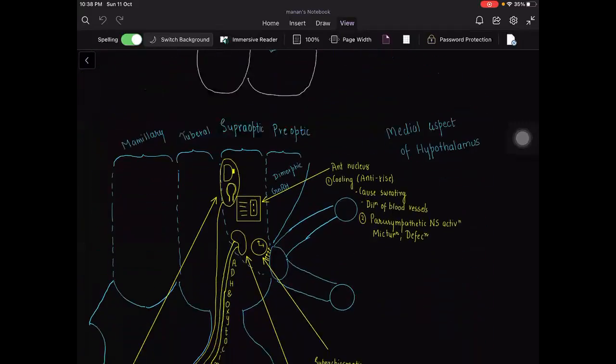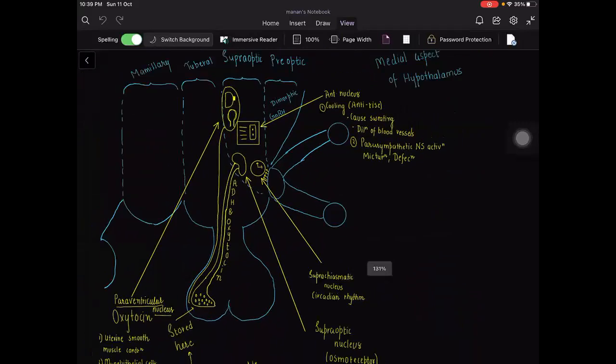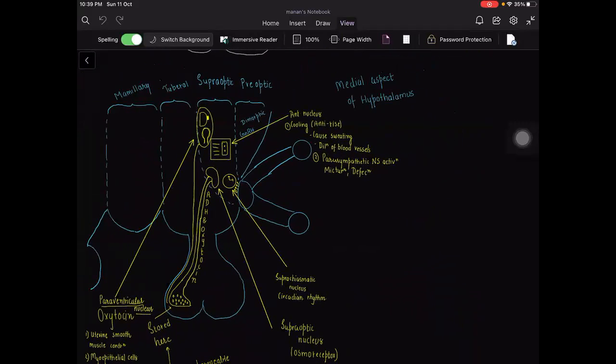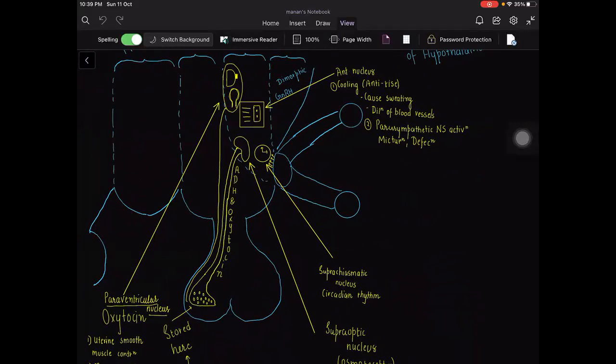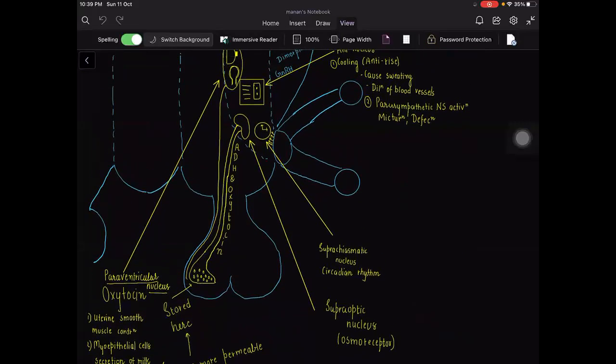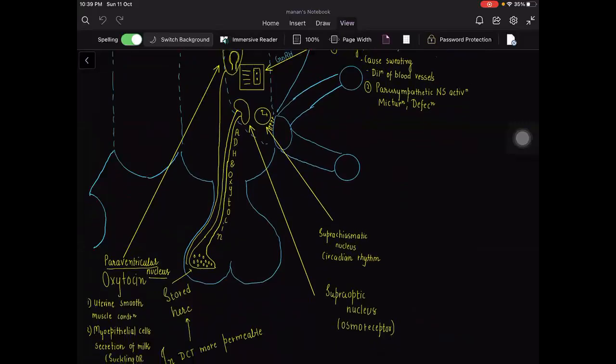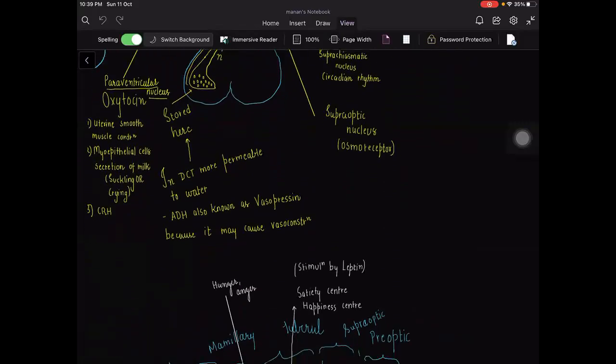If you're interested, you can go into a bit more detail regarding the hypothalamus. It has 4 parts: the preoptic, the supraoptic, the tuberal, and the mammillary. And then there are all these nuclei: the anterior nucleus, the cooling one, the suprachiasmatic responsible for circadian rhythm, the paraventricular for oxytocin. Your ADH and your oxytocin are being stored here, right?